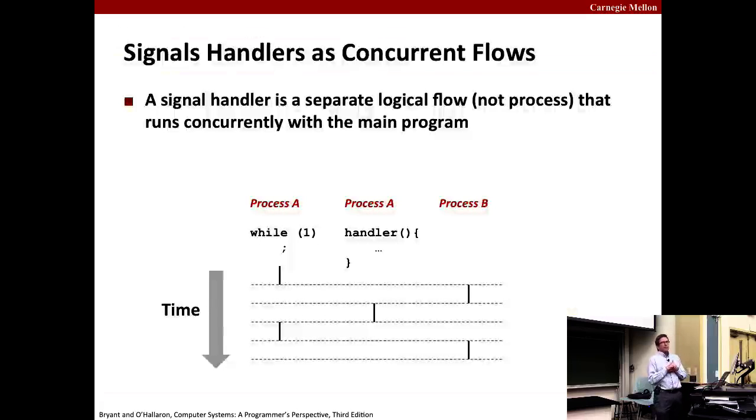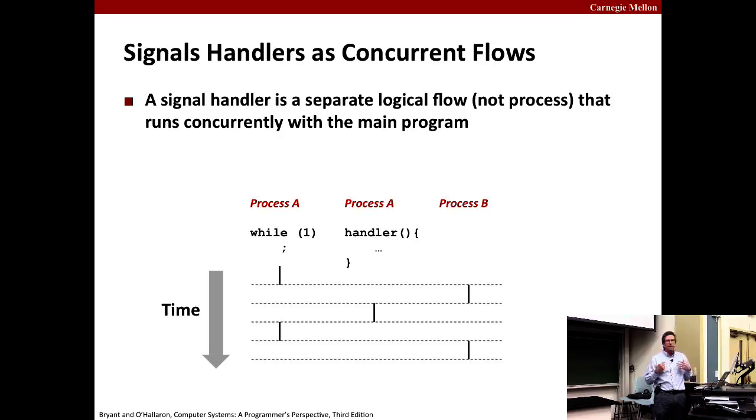Now, signals are another example of concurrency. We've seen concurrency earlier in the form of processes, right? Concurrent flows overlapping in time. Logical flows overlapping in time, by definition, are concurrent. With processes, because they have separate address spaces, those concurrent flows never interfere with each other.